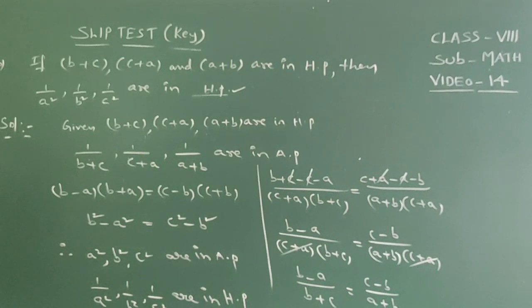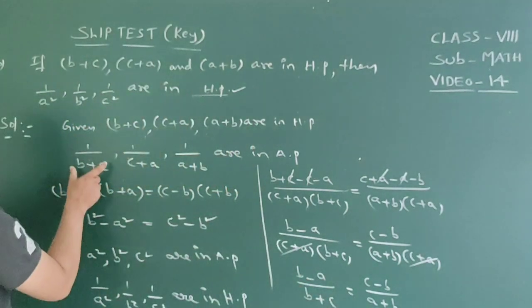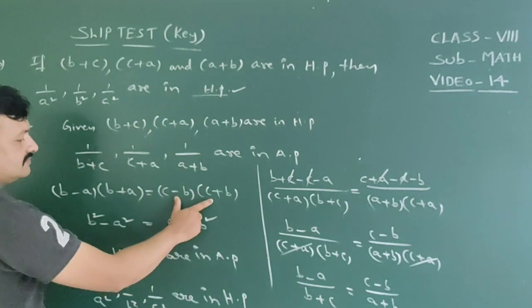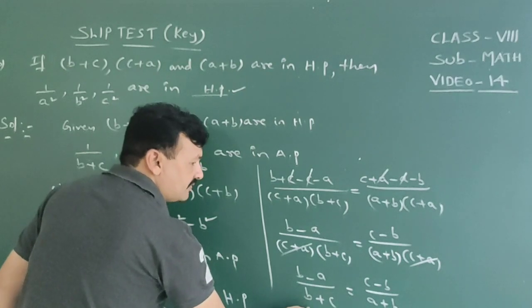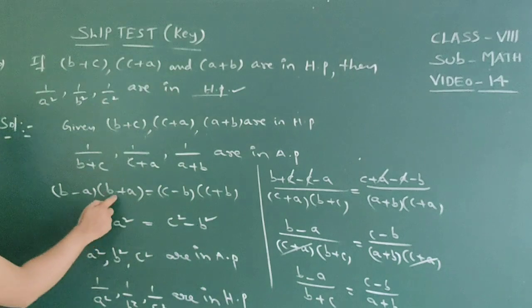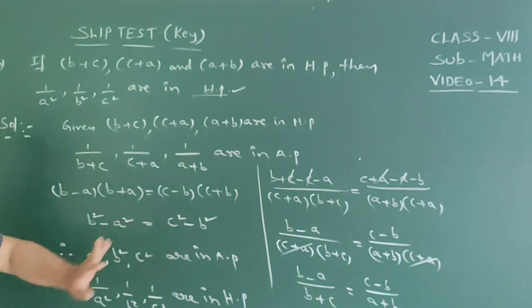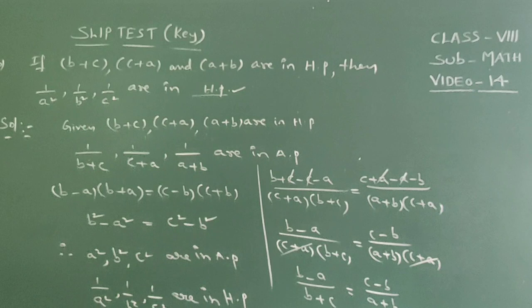Most important application this one. After completion of this one, here b plus a, b minus a, here c plus b, c minus b, here b plus c, I wrote c plus b with the help of the commutative property. Here a plus b in terms of b plus c. So here b square minus a square, here c square minus b square. The difference of consecutive terms is equal. That's why they are in AP.